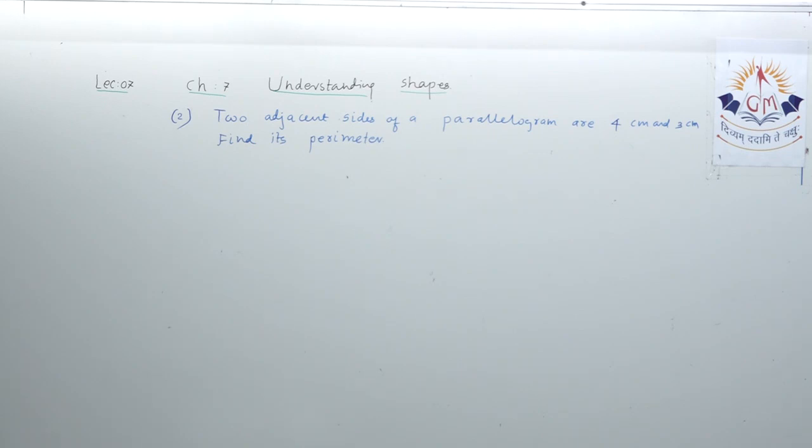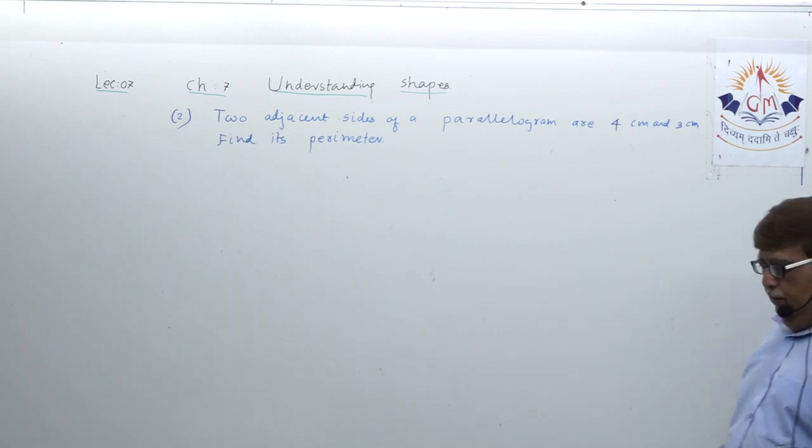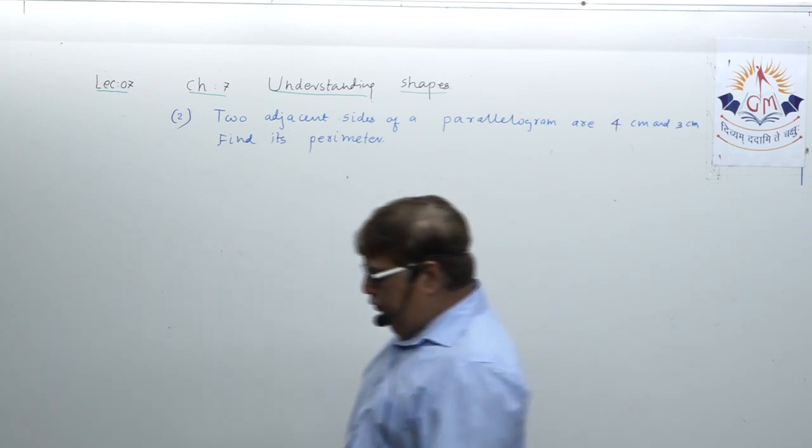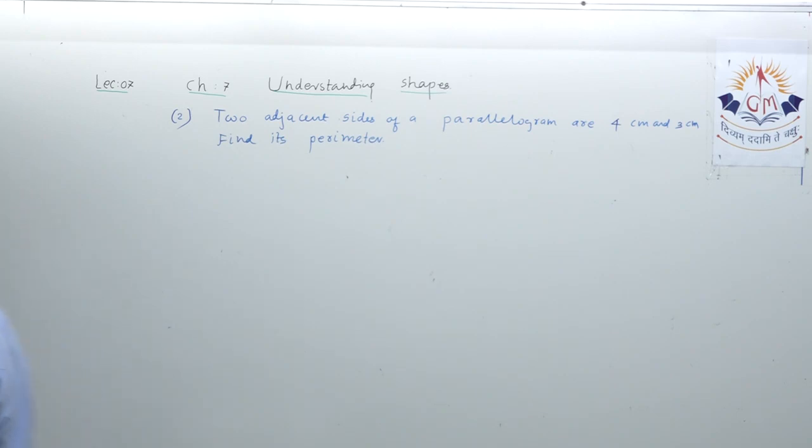You have to move as per the example number 1 we have done, where we utilize the same concept. Then we'll solve it here for those students who could not catch the concept yet. But first you try to solve it by yourself.